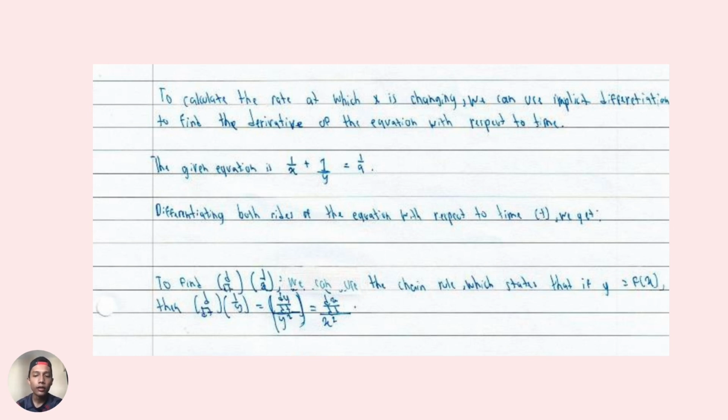To find d/dt(1/x), we can use the chain rule, which states that if y equals f(x), then d/dt(1/y) equals negative dy/dt over y squared.